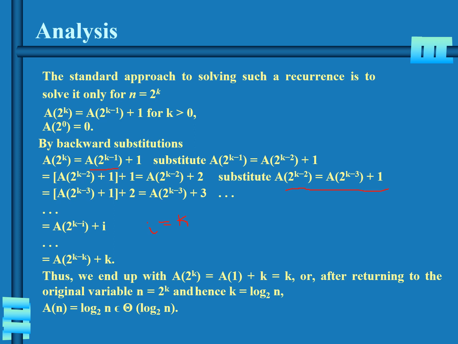So we end up with A of 2 power k is equal to k, because A of 1 is equal to 0. We substituted n is equal to 2 power k, and hence if you take the logarithm on both sides, you get k is equal to log n to the base 2. Therefore the efficiency of this algorithm is log n to the base 2.